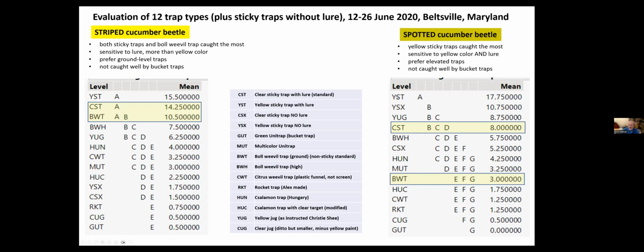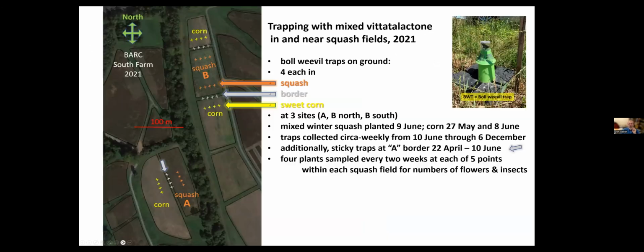They get inside the blossoms, and the poor roadside stands that are trying to sell or have you pick blossoms have these spotted cucumber beetles in them. And you can see the yellow sticky trap that wasn't even baited caught more than the baited clear sticky trap. Oh my gosh. Anyway, nothing's perfect, and we had to settle on the boll weevil trap mounted on the ground.